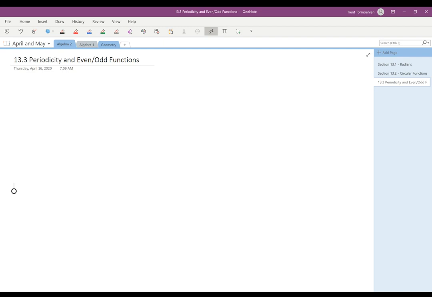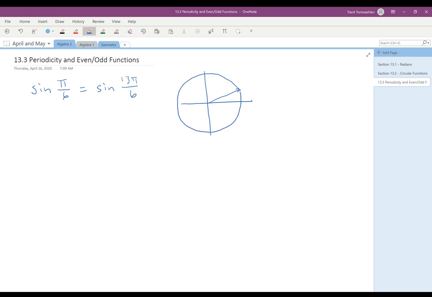And that is that if we have the sine of pi over 6, that is going to be the same as the sine of 13 pi over 6. And the reason for that is, when we do pi over 6, that's this angle right here, because it's pi over 6 around the unit circle that has a radius of 1, so a circumference of 2 pi.